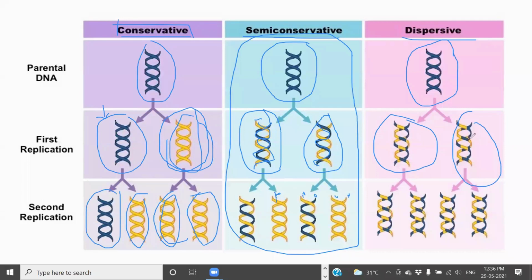Some part is the parental DNA, some part is newly synthesized. In this way replication takes place in each cycle, and the parental DNA molecule gets distributed in every cycle of replication. So this is the dispersive mode of replication.